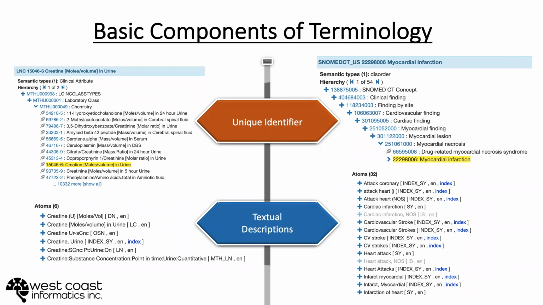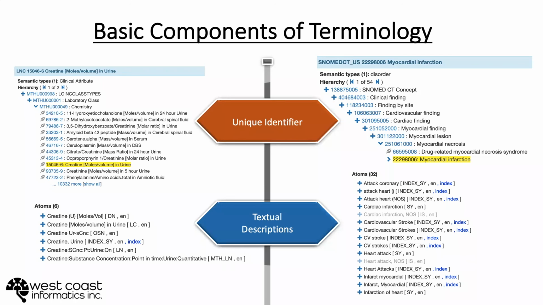I have a question. Yes. Are these the only components of terminologies? No, so these are just 2. Every terminology is a little different. There are definitely some terminologies where these are the only things that they provide, a unique identifier and a set of descriptions. But for example, in SNOMED, there are relationships that give SNOMED a computer readable definition so that you can use that.